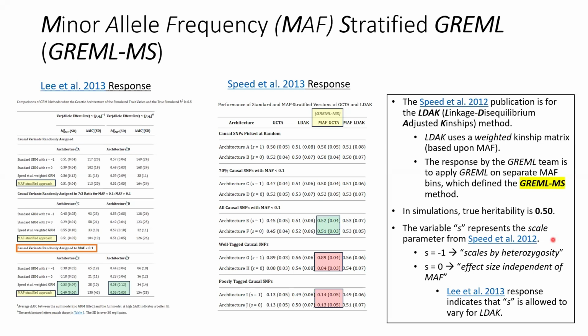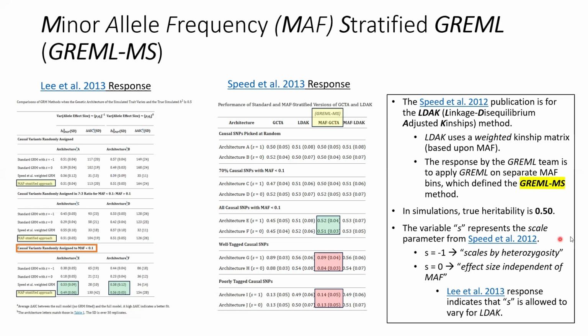So I believe one of the next important steps in terms of an implementation of GREML for unrelated individuals is minor allele frequency stratified GREML, or GREML-MS. And I found this to be interesting in the sense that even though different papers could sometimes cite something different for GREML-MS, I believe the most appropriate citation is actually a response to a different article.